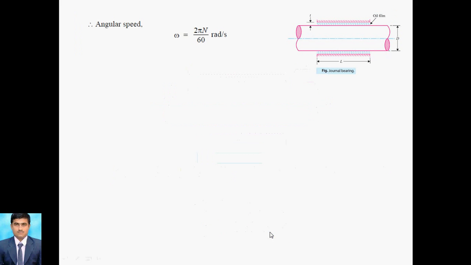Now we will discuss the angular speed. Whenever the shaft rotates inside the sleeve, that gives the angular speed, omega, which is equal to 2 pi N divided by 60, in radians per second. For the tangential speed of the shaft, V is equal to omega r.